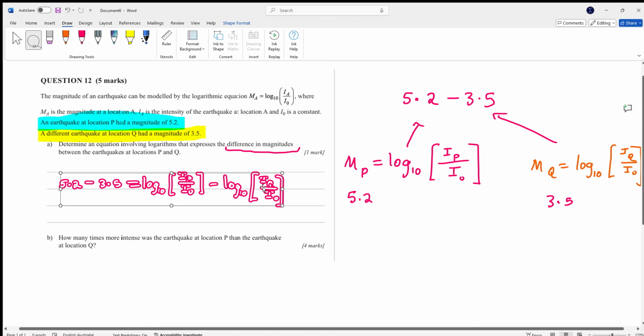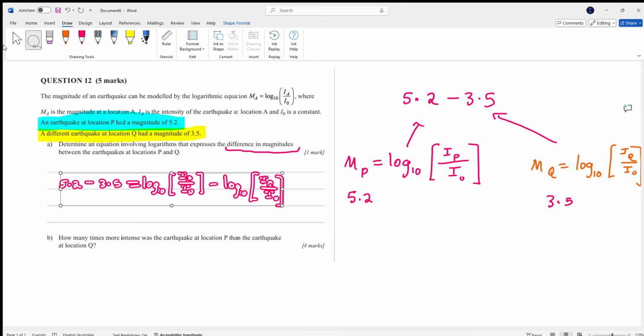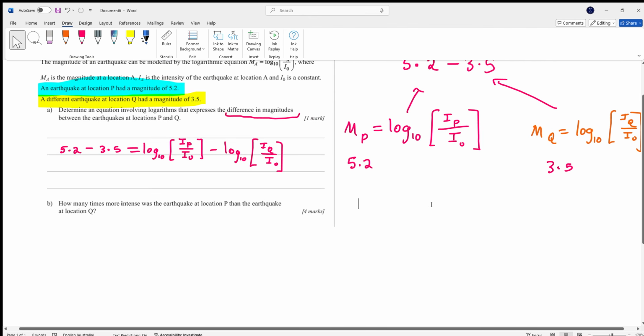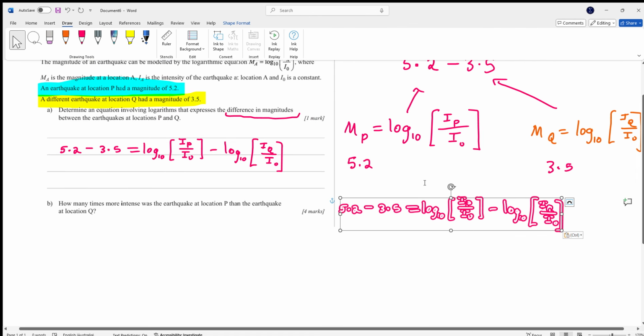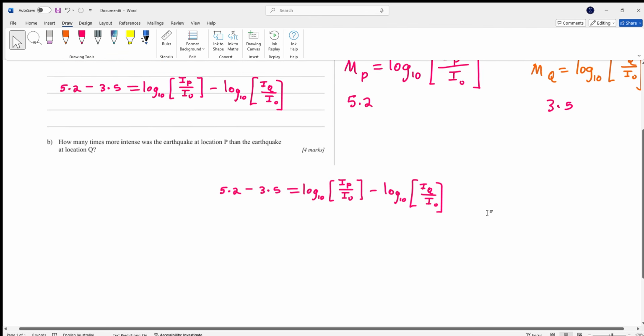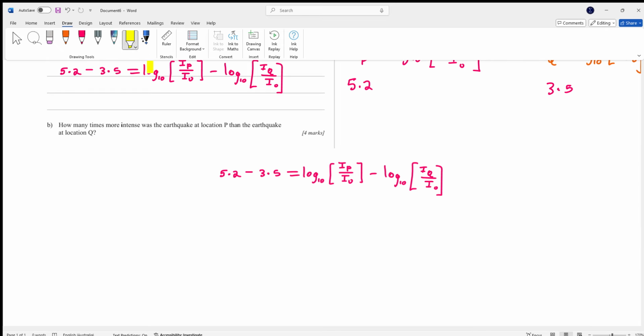So I'll move that there, and copy and paste it down here. When we're subtracting logs, what we can do is divide the insides. First of all, we'll work out what 5.2 minus 3.5 is, which gives you 1.7.